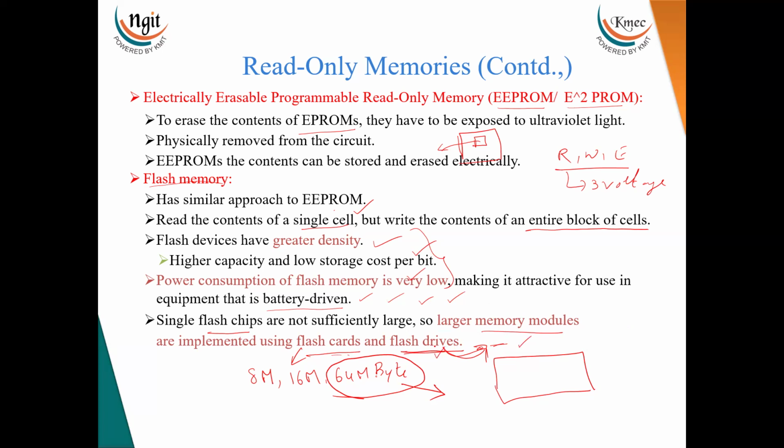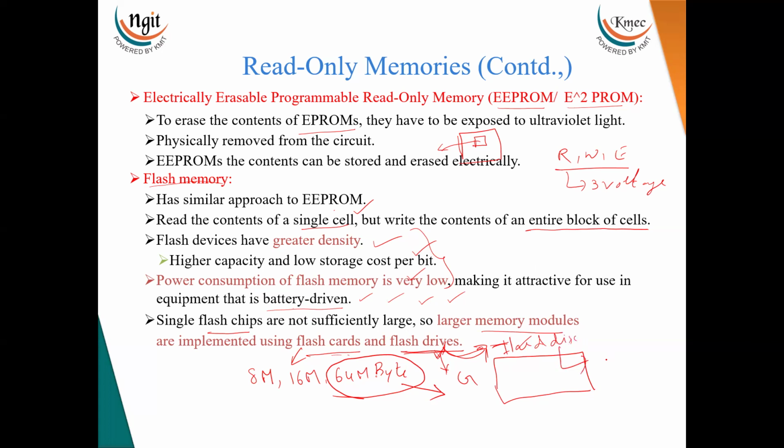We can operate flash drives using very little voltage. That's why we use flash drives in portable devices driven by batteries. But coming to the hard disk, the flash drives have a few disadvantages. Flash drives are available only in the range of less than 1 gigabyte.